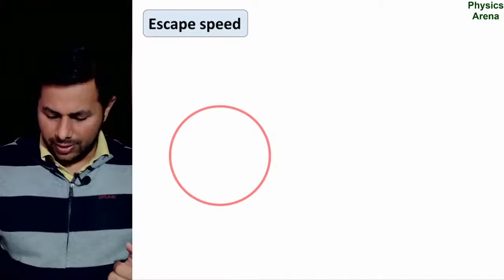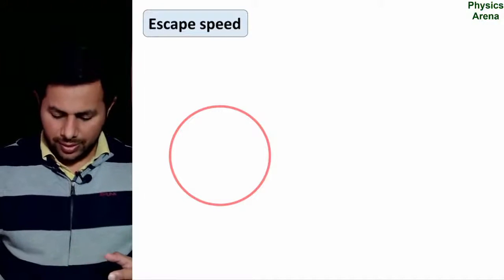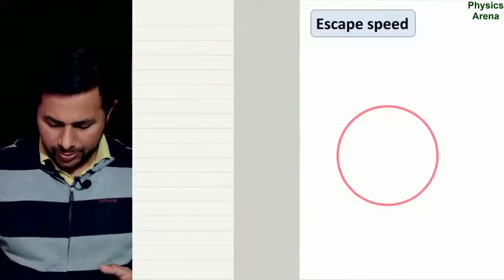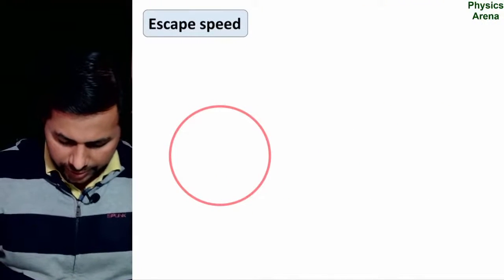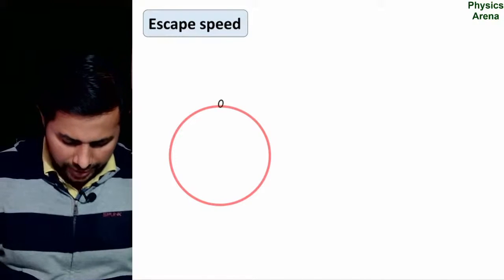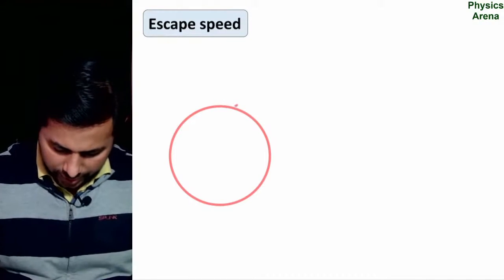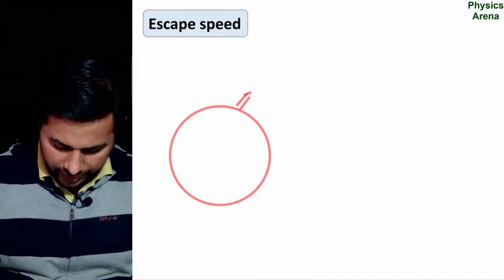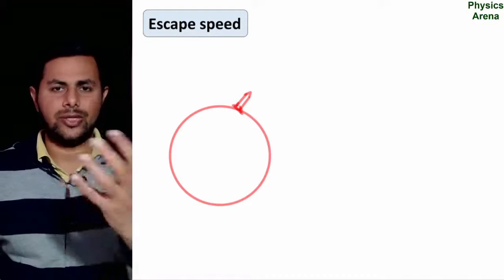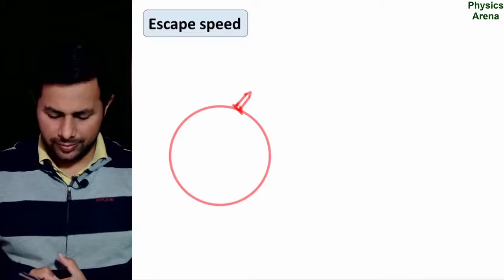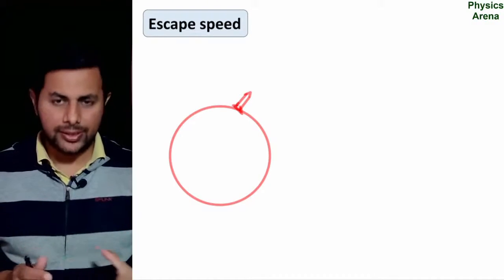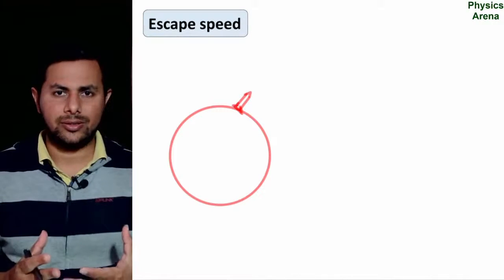So now let's suppose we have any mass on Earth's surface. Let's suppose we have a projectile, or let's say a rocket over here, and we want to send this rocket to infinity. Okay, so we want to send this rocket till infinity.